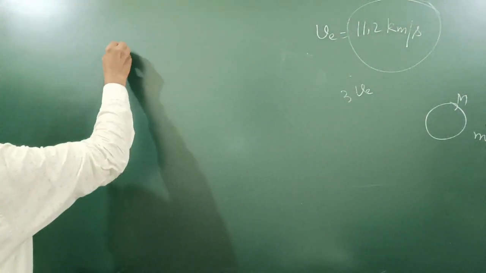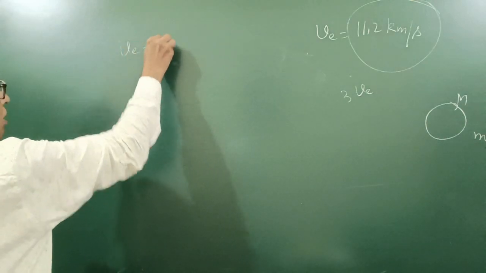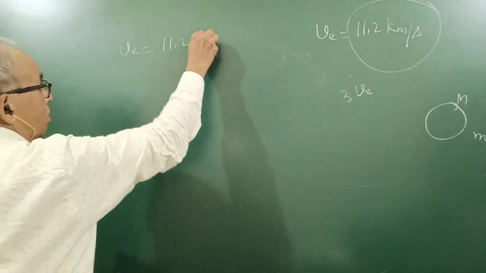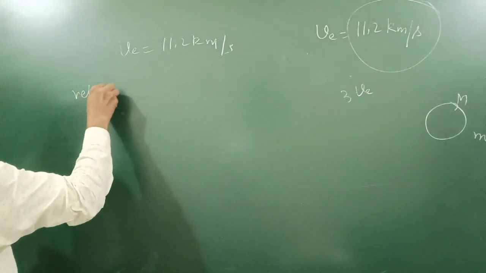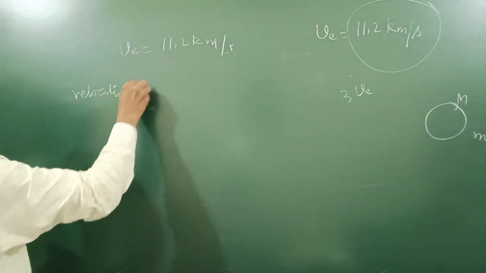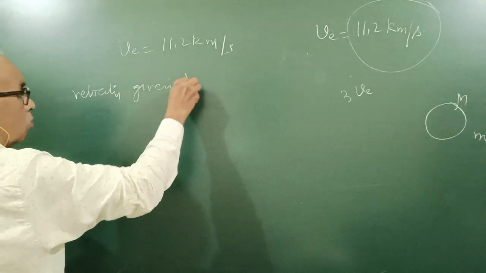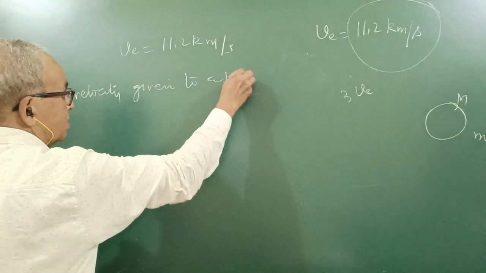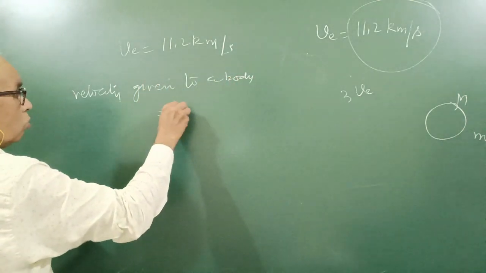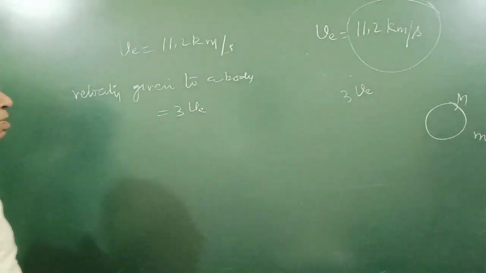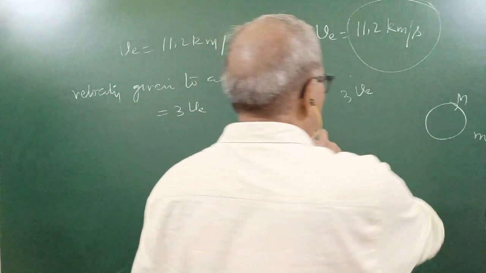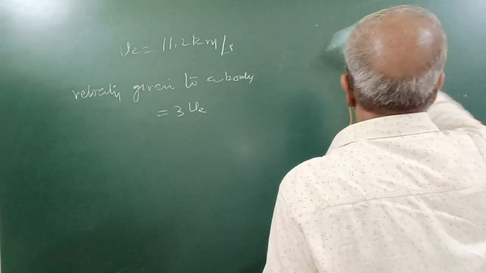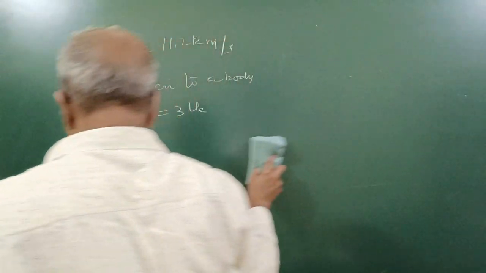Ve on Earth's surface is 11.2 km per second. If the velocity given to a body is equal to 3Ve, then what will be the velocity of the body beyond the pull of Earth? How to solve this?